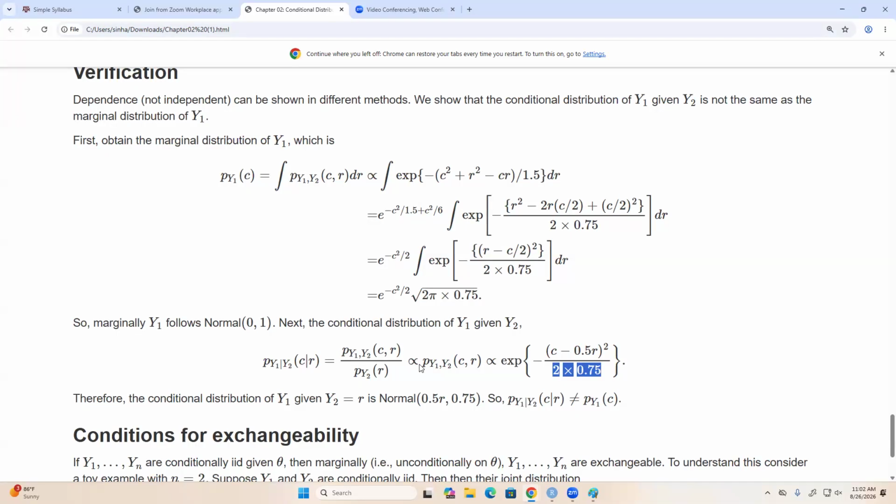Therefore, the conditional distribution of y1 given y2 equal to r is a normal distribution with mean 0.5r and variance 0.75, which is clearly different from the normal distribution with mean 0, standard deviation 1, the marginal distribution. So what do you prove? You prove that here exchangeability does not imply independence of the two random variables.